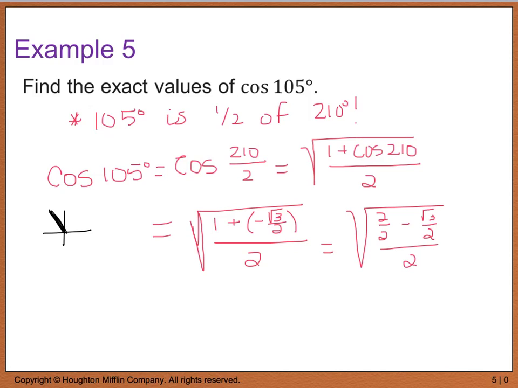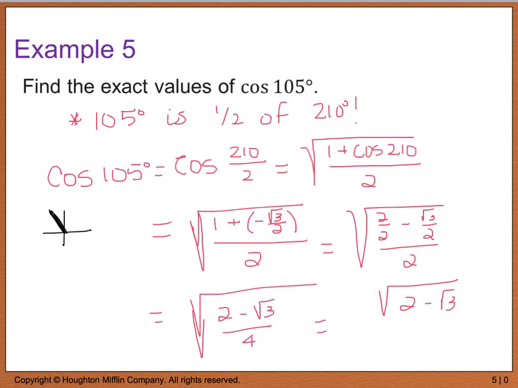When I multiply by the reciprocal, we end up with the square root of 2 minus the square root of 3 over 4. And when I square root the numerator and square root the denominator, we end up with the square root of 2 minus the square root of 3 divided by the square root of 4, which is really 2. So now my radical is no longer over the denominator, it's just over the numerator. And because my original 105 degrees is in that second quadrant, I know that the whole thing is negative. So my final answer then is going to be this right here.